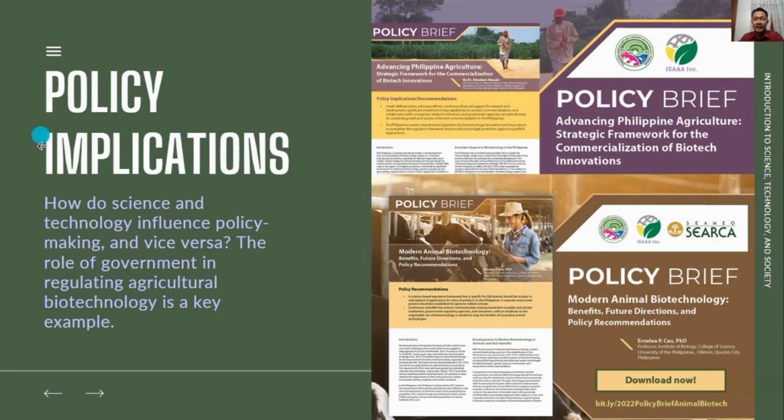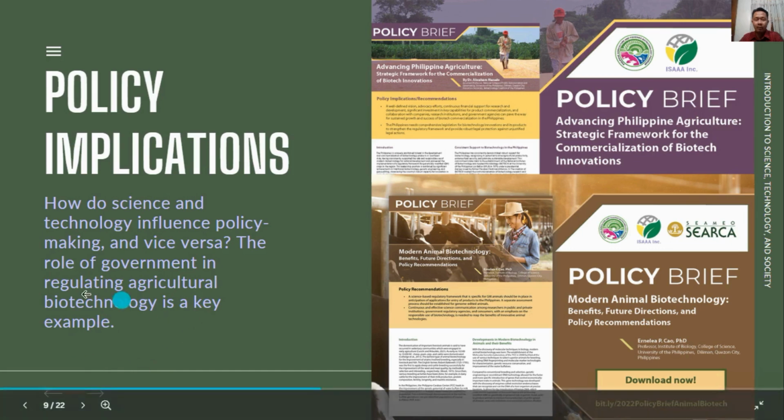Another one is the policy implications. How do science and technology influence our policy making and vice versa? The role of government in regulating agricultural biotechnology is also a key example.